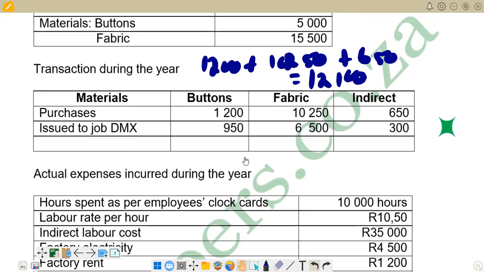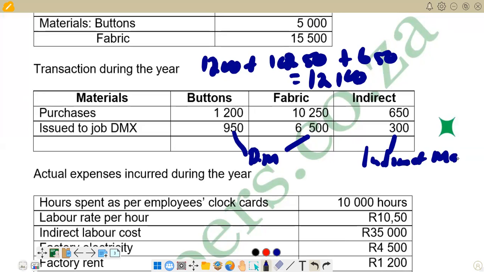But if you look at it, this is issued to job DMX, which means these are the issues that we have there: 950, 6,500, and 300. But you'd see that these materials are going to different accounts. The 950 and 6,500 represent direct material, and this one is indirect material.